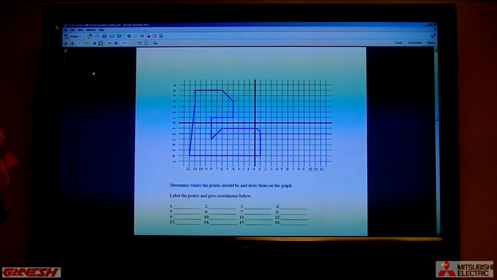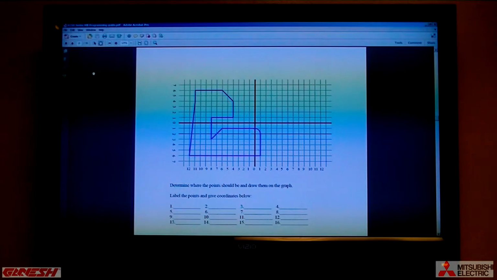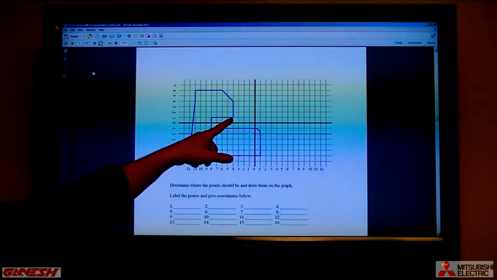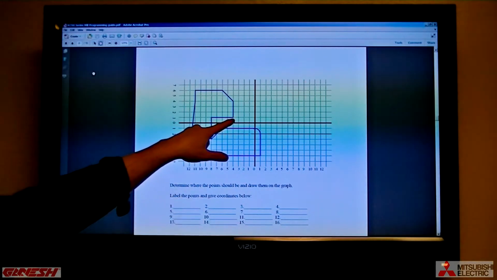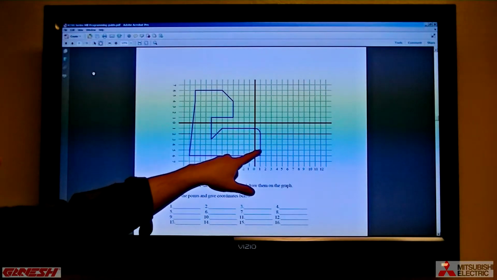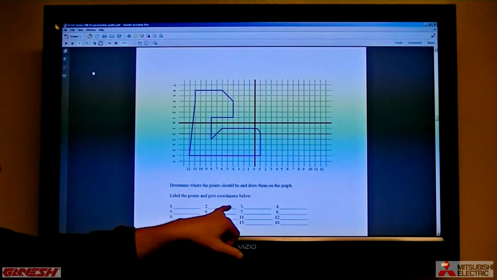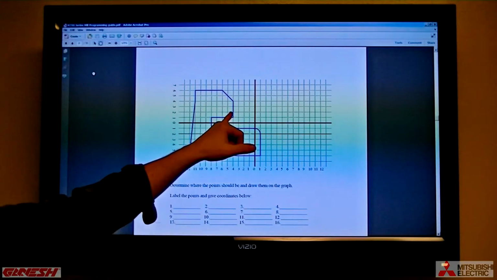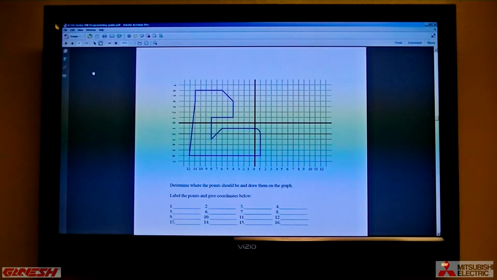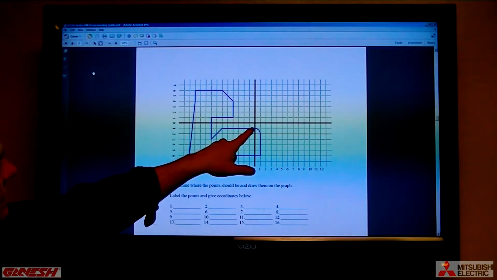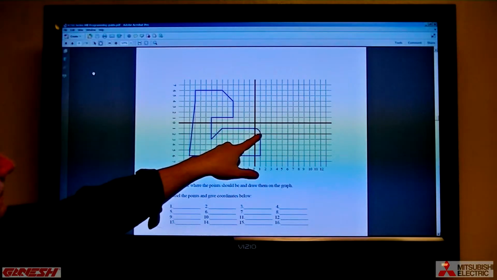Okay, here's another part that I would like you to look at and identify the points. I'd like you to simply pick out any of these points and call it number 1, but then in that same order, please identify the X and Y locations of all your points after that. Also, you'll note that there's a circular radius right here.